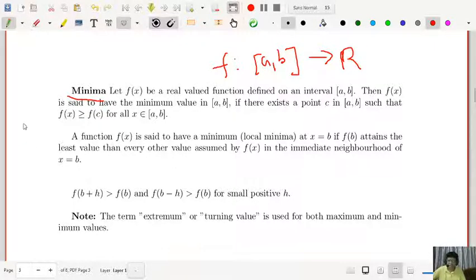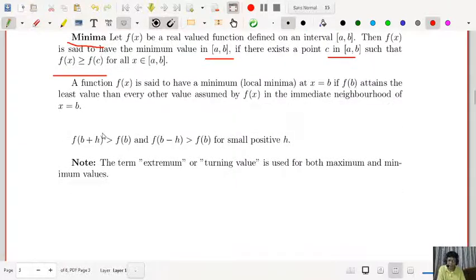Then f(x) is said to have the minimum value at b if there exists a point c in [a, b] such that f(x) is greater or equal to f(c) for all x belonging to [a, b]. The similar thing, but the only difference is that f(x) is greater or equal to f(c). So f(c) is the least one, the minimum.